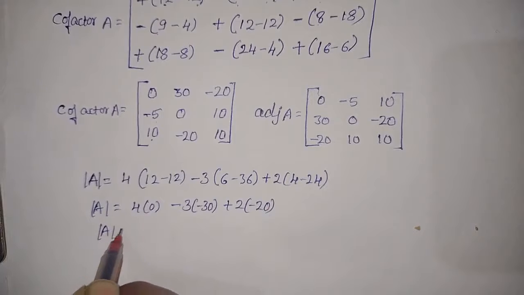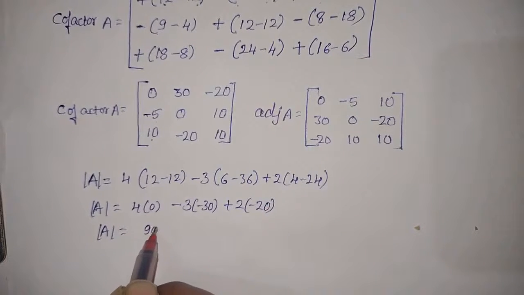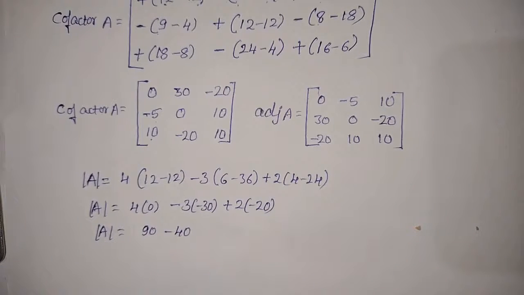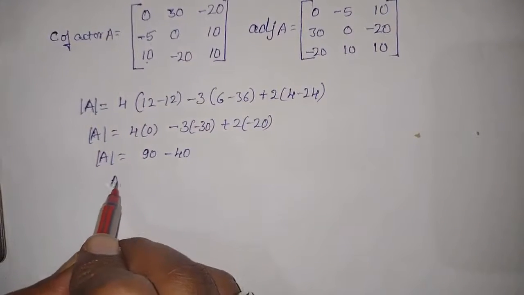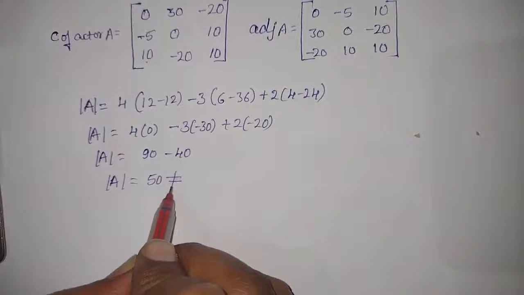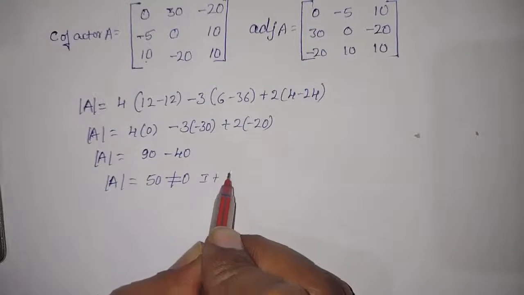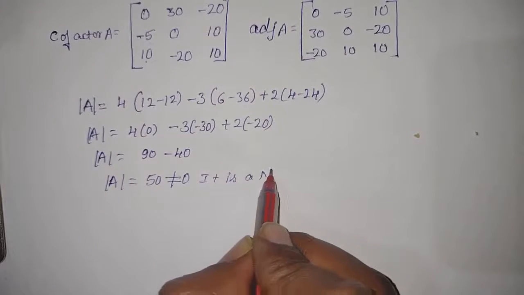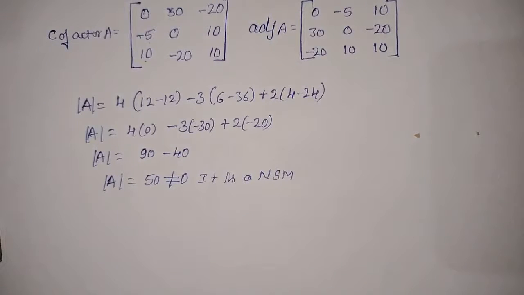Determinant of A is equal to 90 minus 40, so determinant of A is 50, which is not equal to 0. If it is not equal to 0, it is a unique solution and it is a non-singular matrix. Clear?